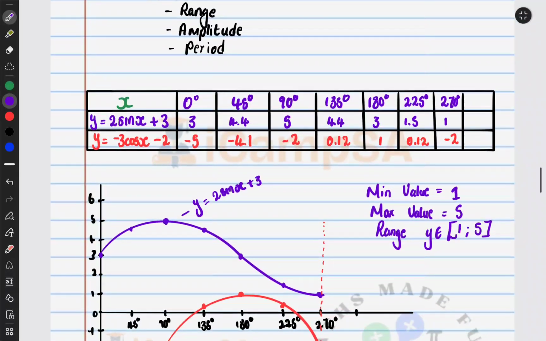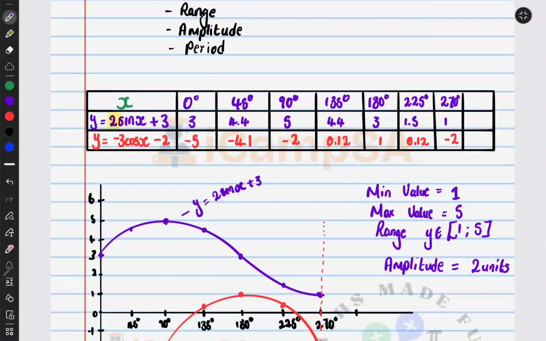The amplitude of the function, you can use the formula. It's going to be 1 over 2 into 5 minus 1, which is 4 divided by 2 is 2, but you can also just come here. That gives you your amplitude, and that amplitude is what? The amplitude is equal to 2 units.